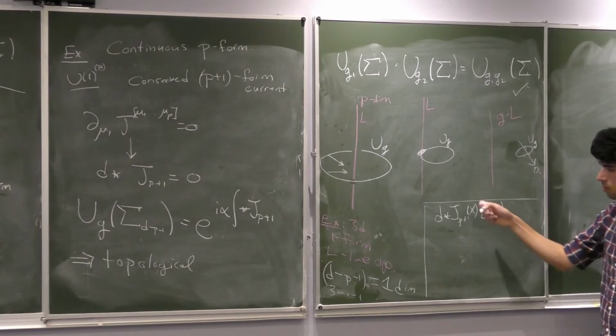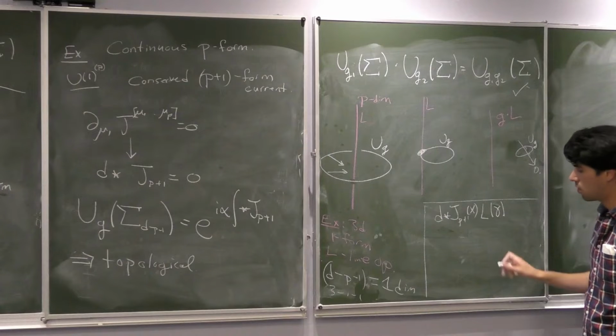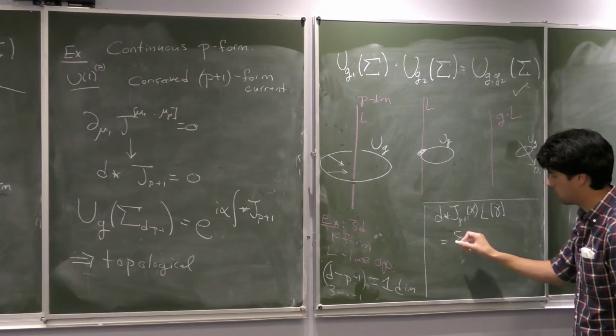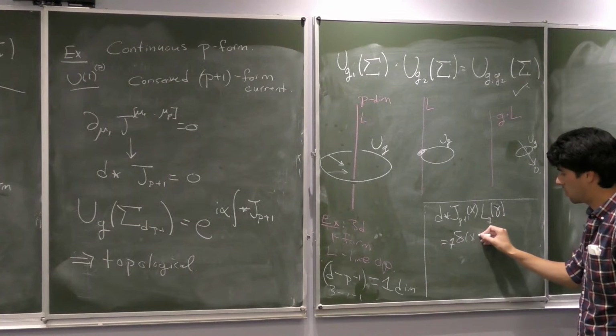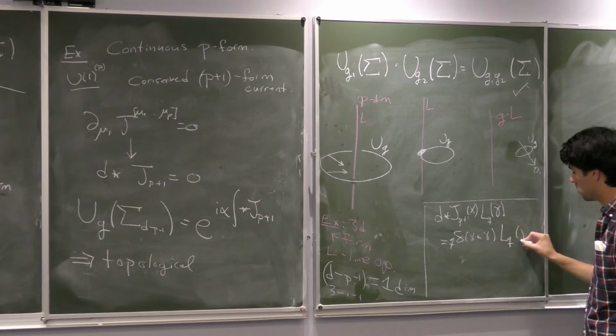And what it does is it transforms the divergence of your current into a contact term. So this is going to be like delta, whatever the charge is, Q, delta of x in the curve gamma times L_Q of gamma.